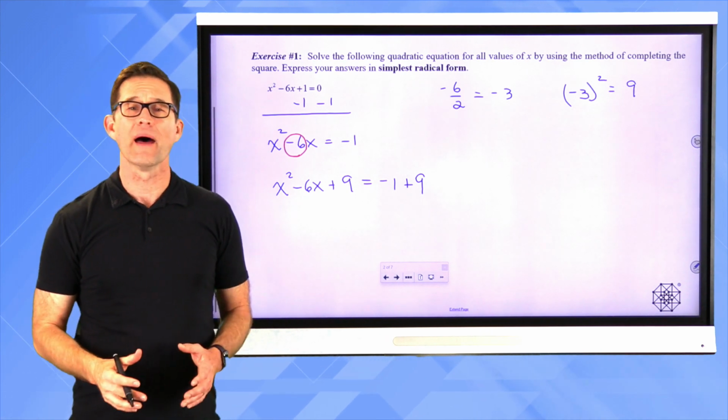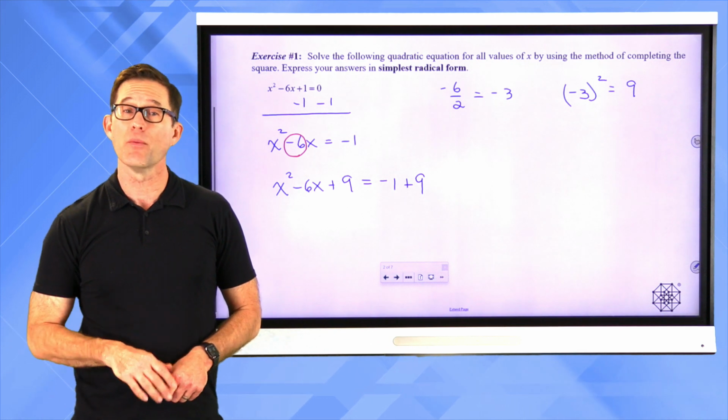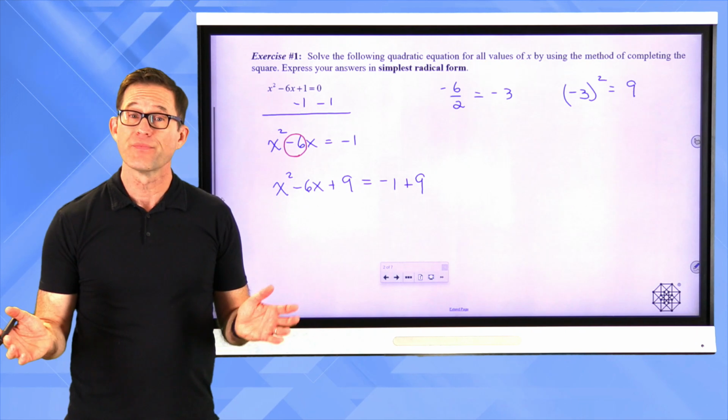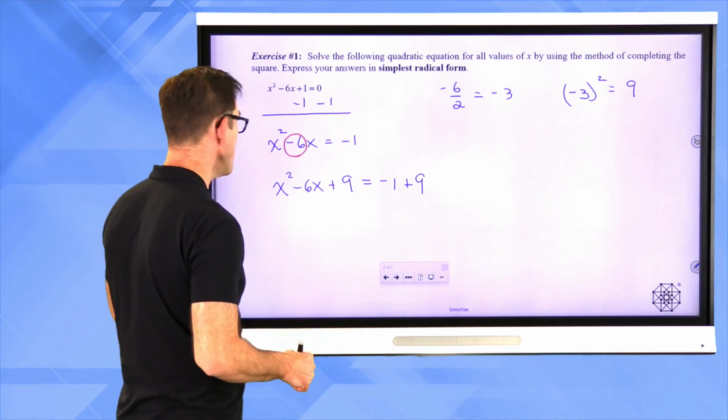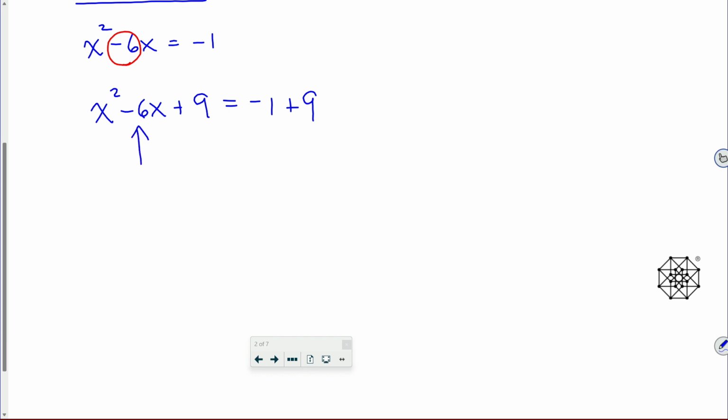Now, when I do that, what I will always end up having on this side of an equation is a trinomial that when I factor it, the two factors are identical. And in fact, if we think about our factoring work, when I'm looking for two numbers that have a sum equal to negative 6 and a product equal to positive 9, those two numbers are negative 3 and negative 3, right?